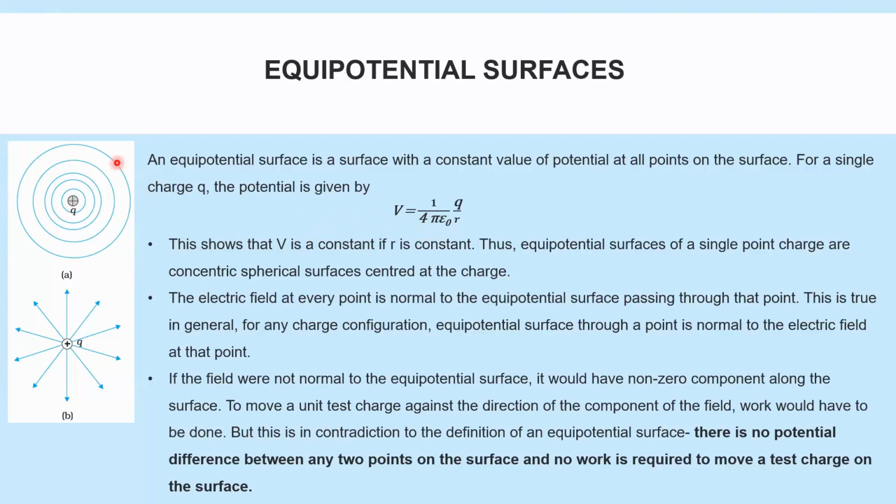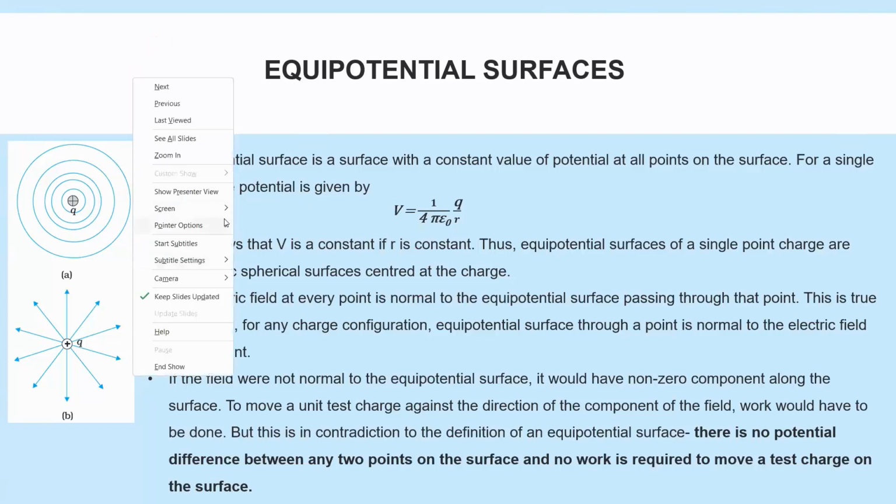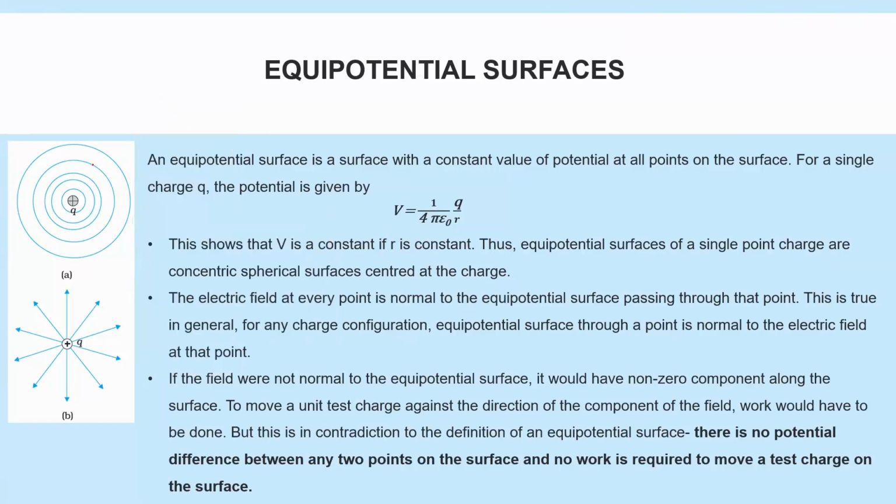So if the field is not normal, there will be a difference between the potential of, say, one point here, and the other point here.